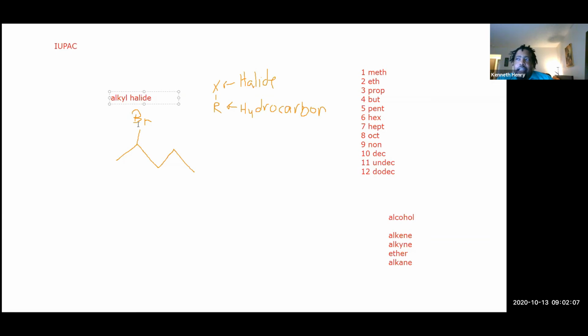Okay, alkyl halides. These guys have a halide on them, and the way that we address that, they're lowest man on the totem pole. They're even below the alkanes.